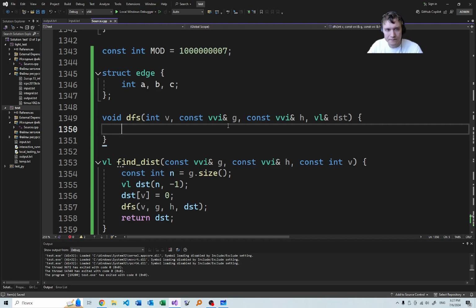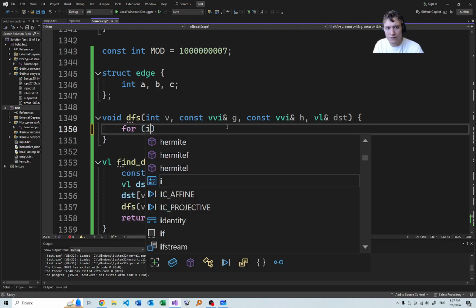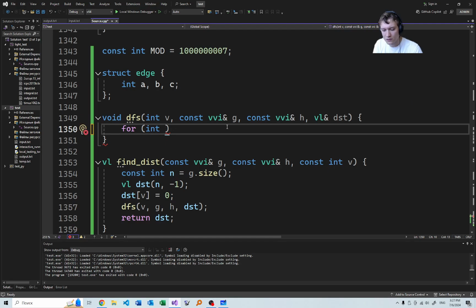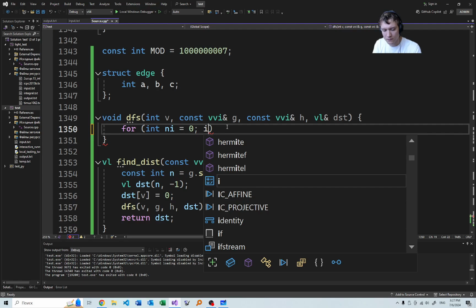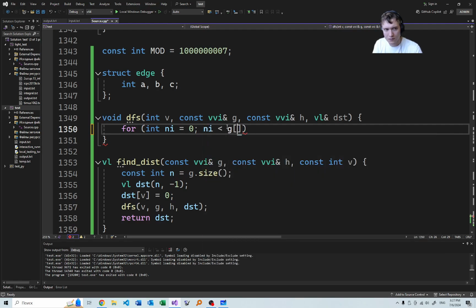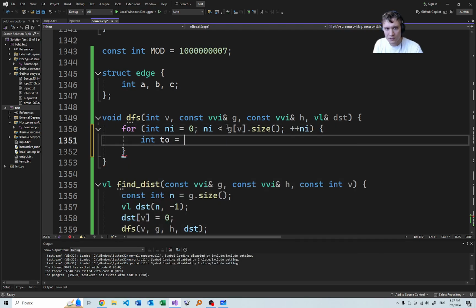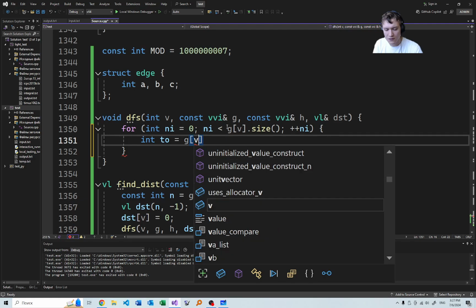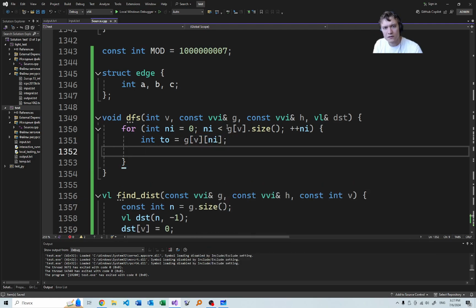So let's go through all neighbor indices. Let's say v2 is g[v][i].